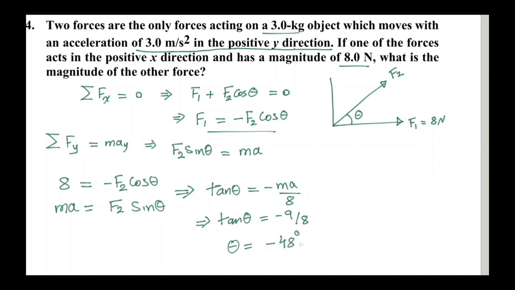You substitute this theta in one of these two equations, and you will find that F2 equals 9 divided by sine minus 48, or in other words, F2 equals minus 12.16 newtons.